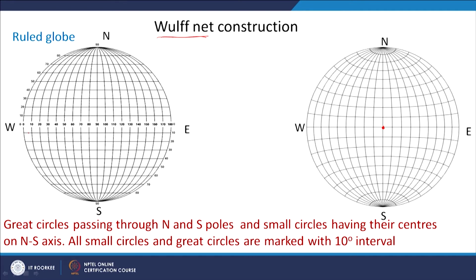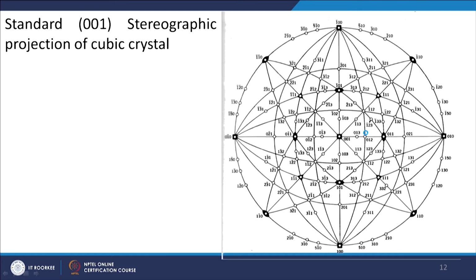It has north, south, east, west and so on, and this particular one is graduated at 10 degree intervals, so every two graduations have a distance of 10 degrees. When you completely do these projections, what you get at the end of it is a standard stereographic projection.